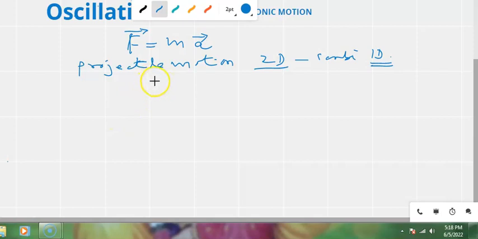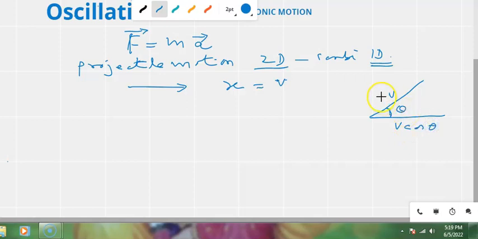In case of horizontal, suppose we take the horizontal displacement as x, and v is the velocity. Let us take a specific example of a projectile which is fired at an angle theta with velocity v, then the horizontal velocity is v cos theta, and the vertical velocity is v sin theta.